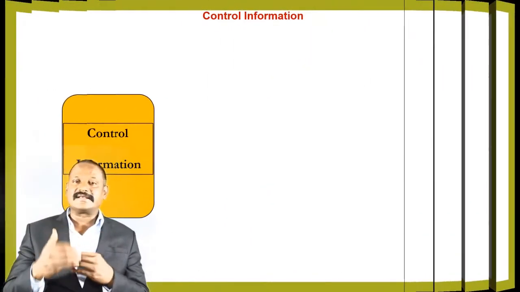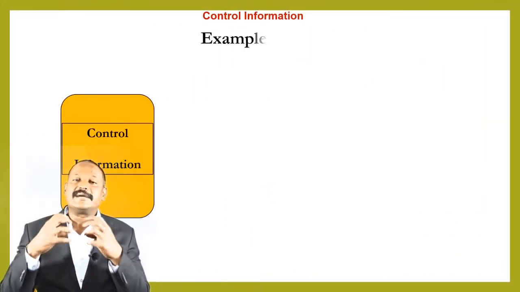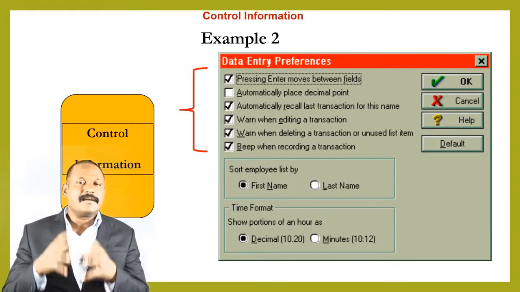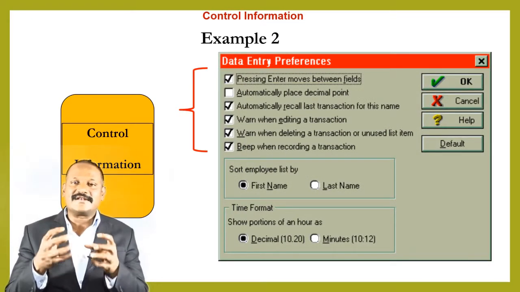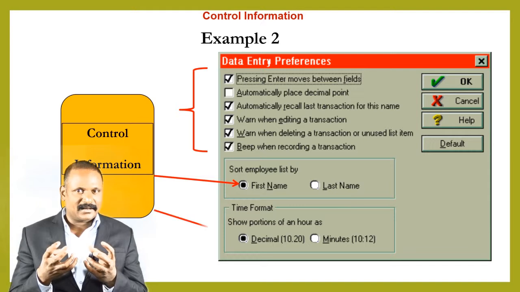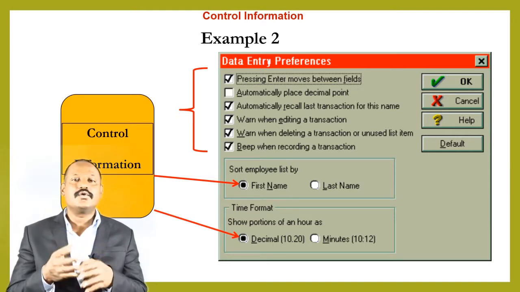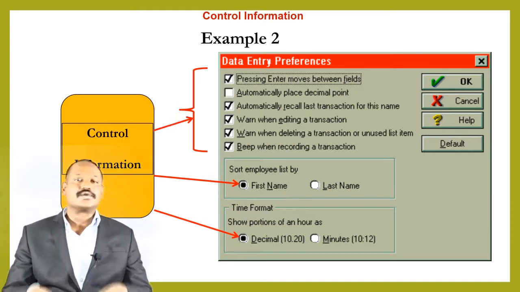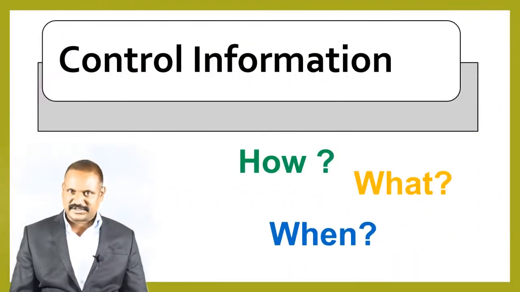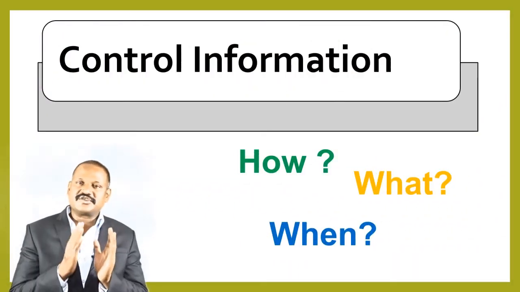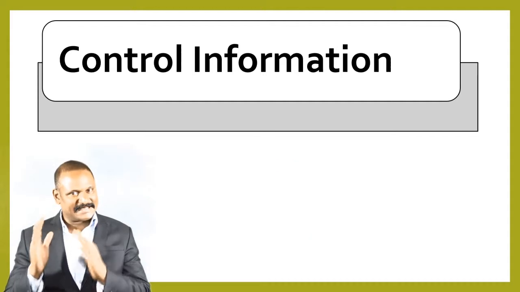Similarly, in another example, a user's data preferences can be set based on which the user can enter and view data. So all these are also control information. So from a function point analysis perspective, control information is synonymous with data.